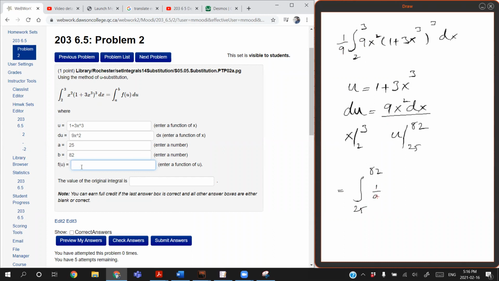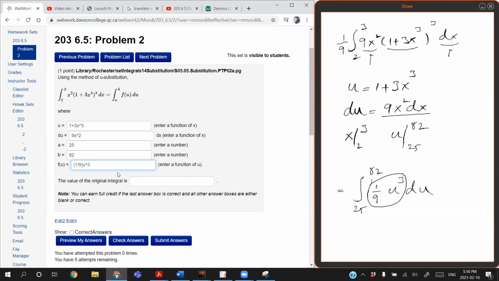So I get 1 over 9 times u to the power of 3, and the rest of what I have, this part and this part together, would be the du. So now I can see that my f of u is 1 over 9 times u to the power of 3.